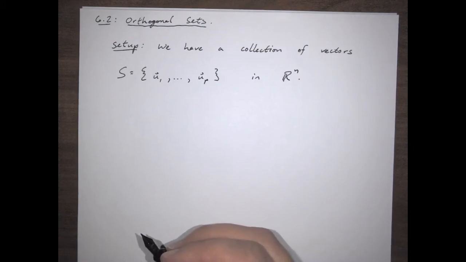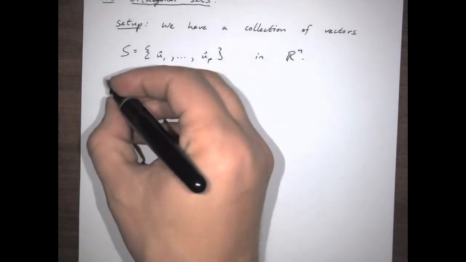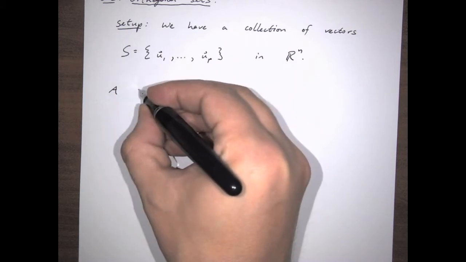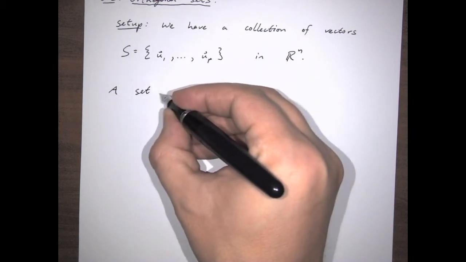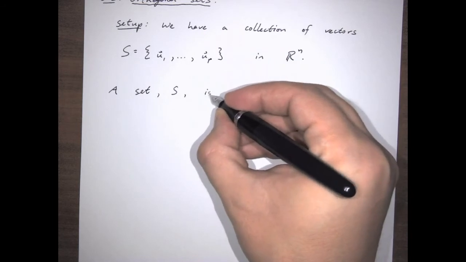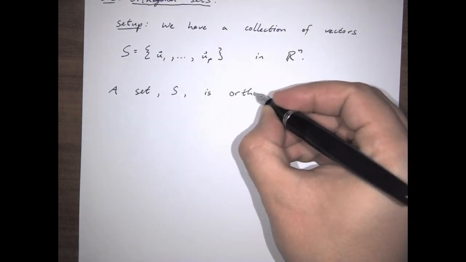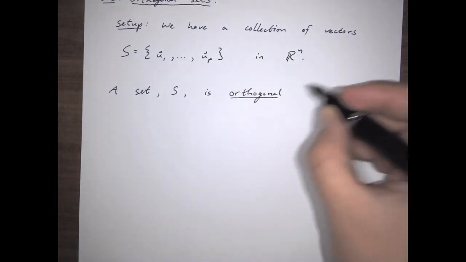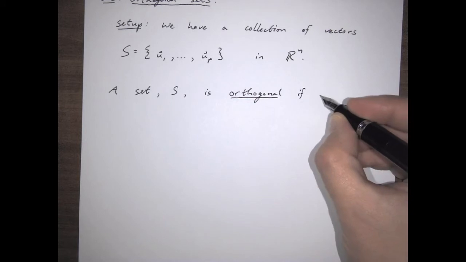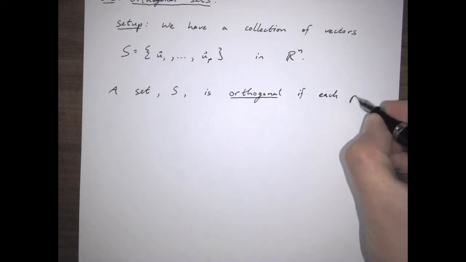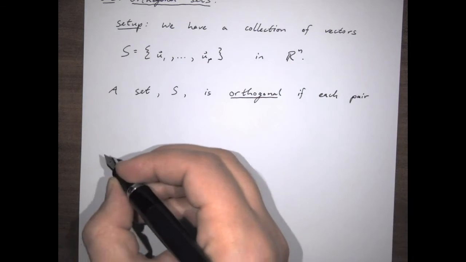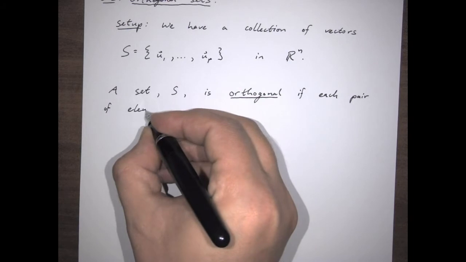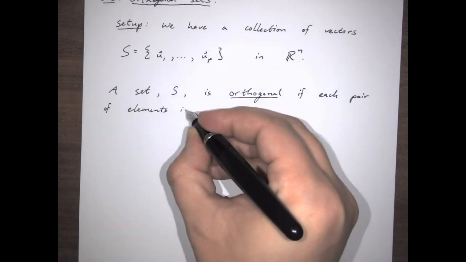Okay, well, let's go ahead and peel the band-aid off. What does it mean for a set to be orthogonal? A set is orthogonal if each pair of elements is orthogonal.